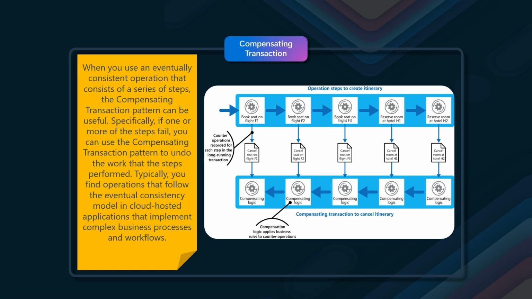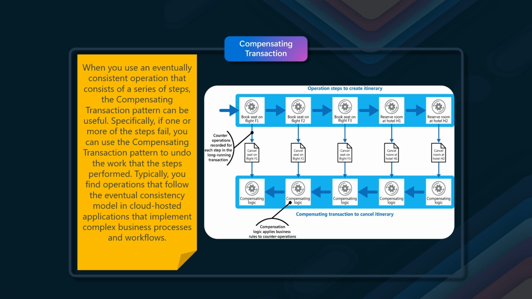The solution is to implement a compensating transaction. The steps in a compensating transaction undo the effects of the steps in the original operation. An intuitive approach is to replace the current state with the state the system was in at the start of the operation. But a compensating transaction can't always take that approach because it might overwrite changes that other concurrent instances of an application have made.